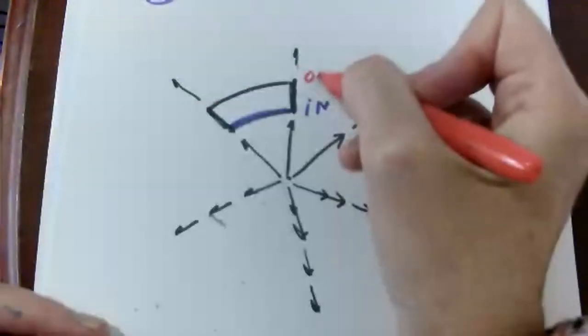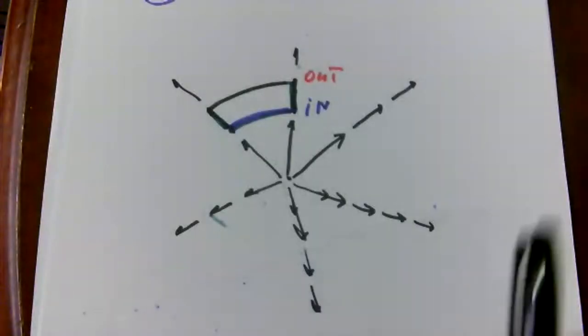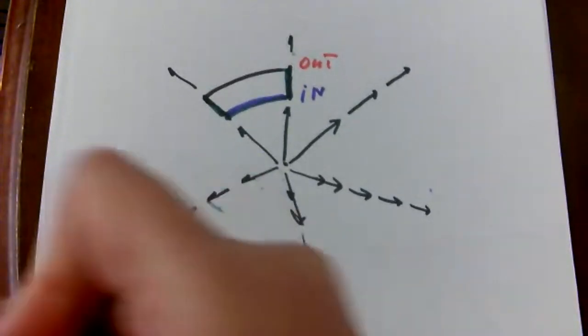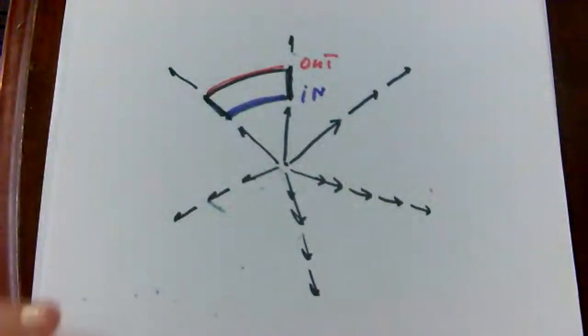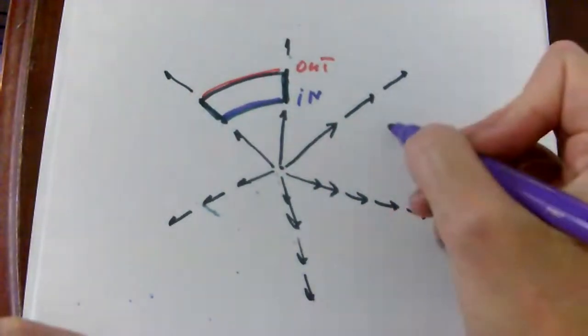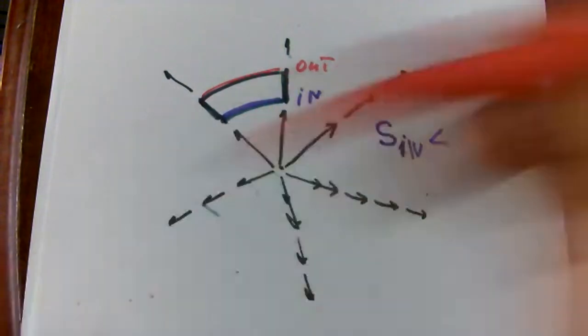And this will be the out surface. And again, look at these areas this time. Just like in the previous example, this lilac area, of course, is smaller than the orange area. So area in is smaller than area out.